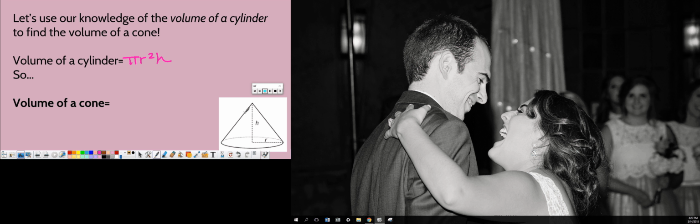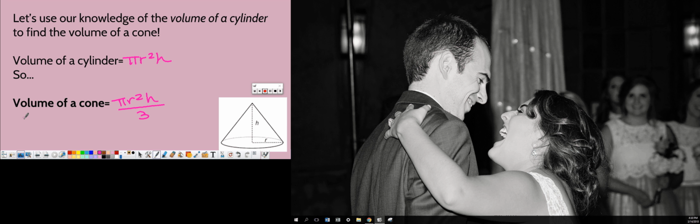That has the exact same height and the exact same base, so the same size circle as the base and the same height. When I fill this cone, it's going to be exactly 1/3 of our cylinder. Okay, so that means I took pi r squared h, my cylinder, and I'm going to divide it by 3, and that's going to give me the volume of one cone with that exact same height and radius.